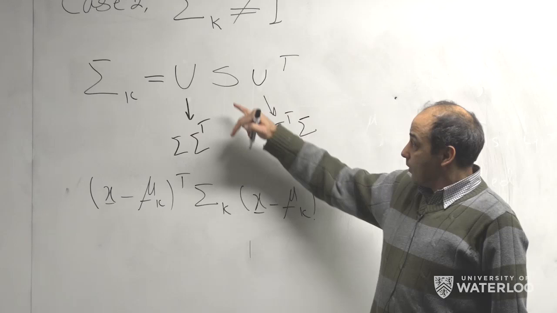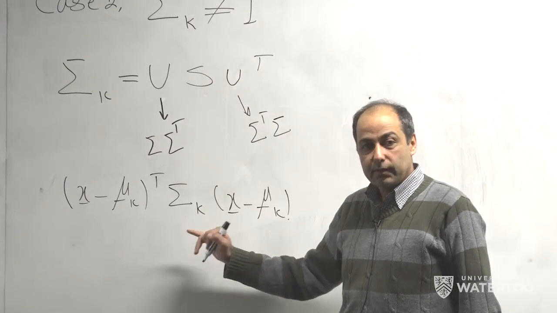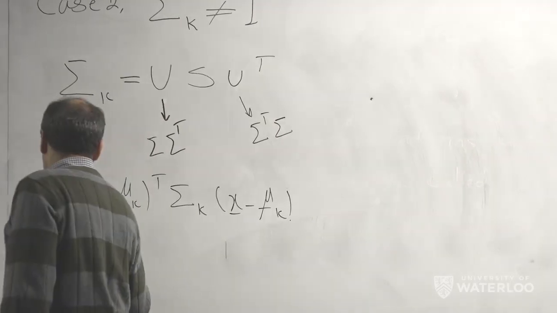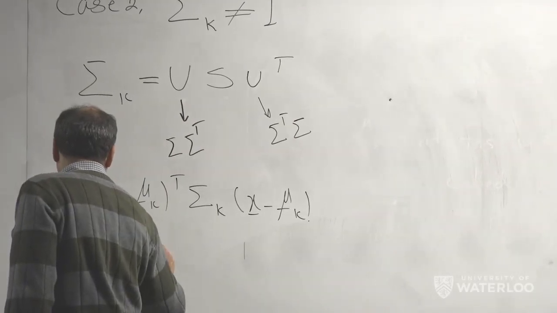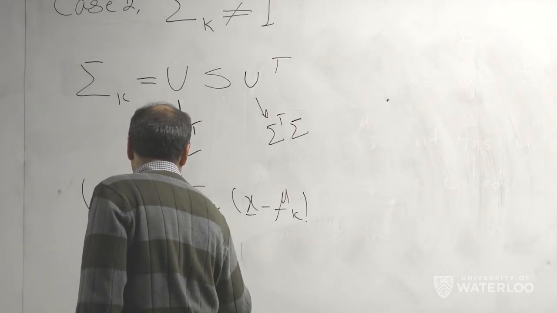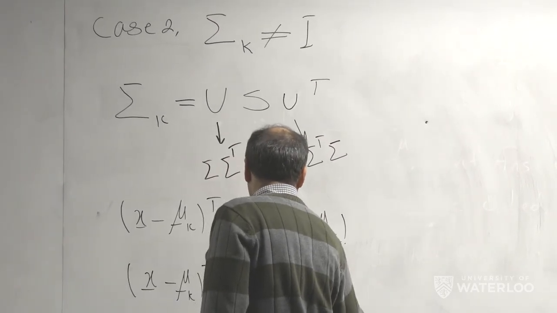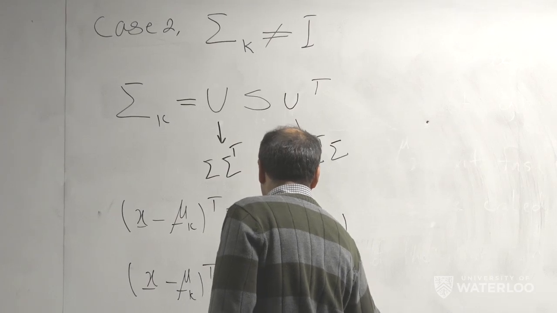Let me replace the singular value decomposition of sigma here. Then it's going to be x minus mu k transpose U S U transpose x minus mu k.